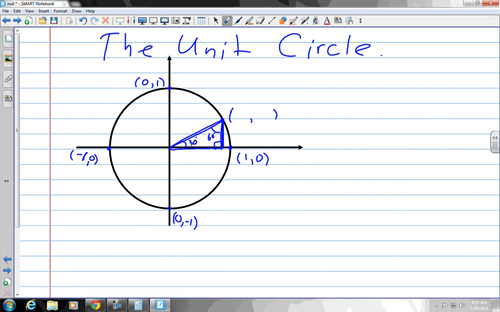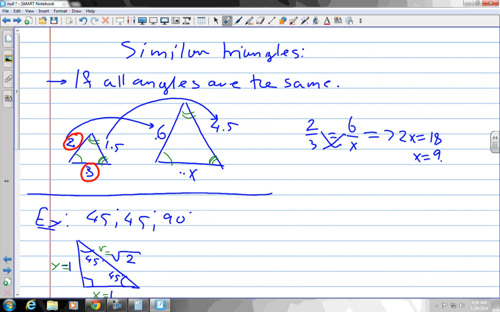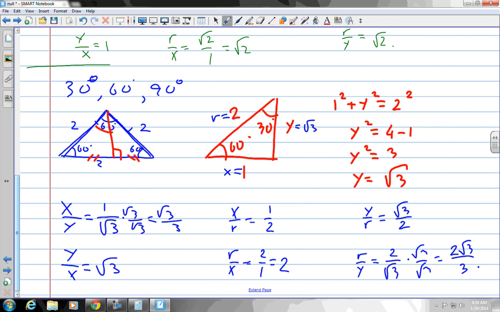So the y value is 1/2. With the same logic, the x value is the square root of 3 over 2. If I go back to that picture, this is square root of 3 to 2, so that one would have to be square root of 3 over 2 to 1.